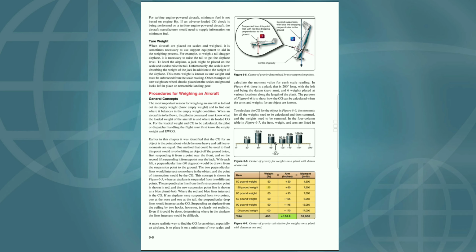Pounds, inches, in-pounds. Moments: 1,500, 7,500, 7,600, 6,250, 13,050, 17,000. Total weight 495, CG 106.9, total moment 52,900. Figure 6-7. Center of gravity calculation for weights on a plank with datum at one end.